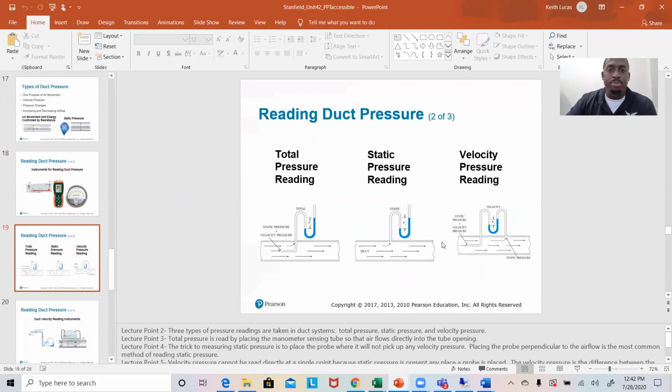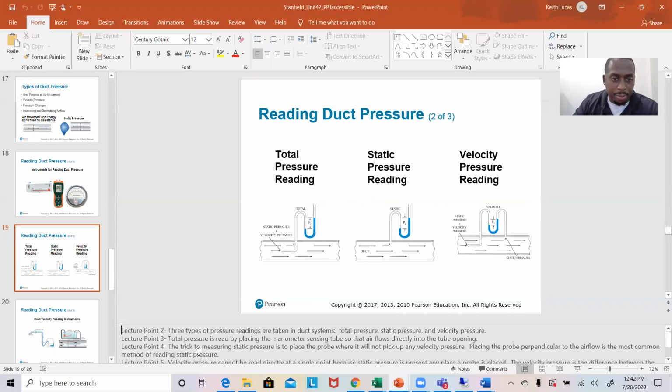So anyway, reading duct pressure. They're not showing the actual pitot tubes, as they're called, that you put inside of the duct, but that's what I believe they're illustrating. When you take your pressure readings, you got to stick your pitot tube inside of there, and that tube is connected to a rubber hose that connects to your manometer.